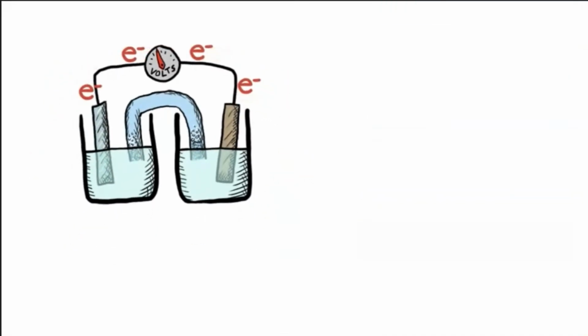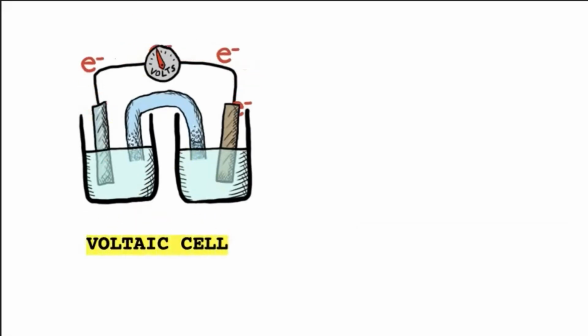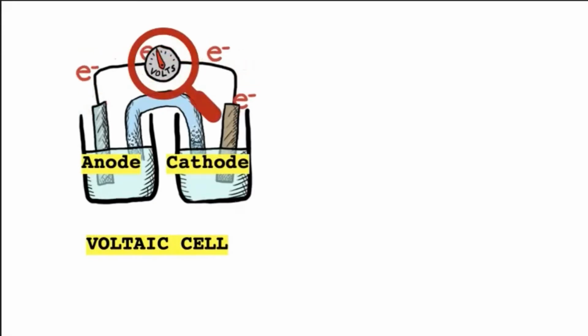These electrodes conduct electricity between cell and surroundings. In a voltaic cell, electrons are continuously generated at the anode, and so it has an excess of electrons relative to the cathode, generating a potential. Thus, the anode is negative relative to the cathode.